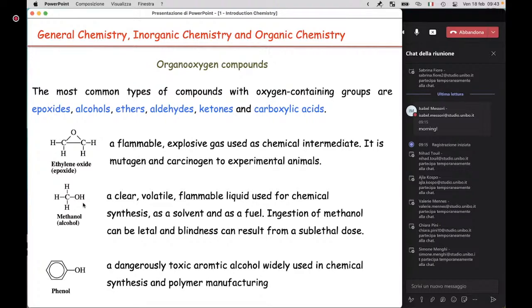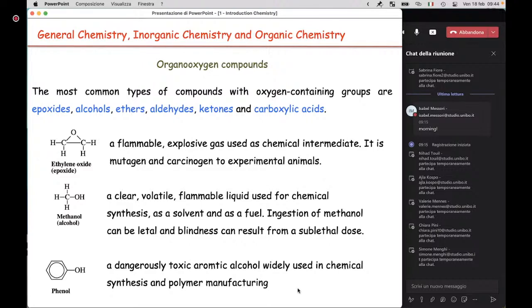Even ethanol, which we can drink in wine and other drinks, is also toxic because one can become intoxicated with ethanol. And a particular kind of alcohol is phenol, where the OH group is bonded to an aromatic ring. Again, phenols are usually toxic.